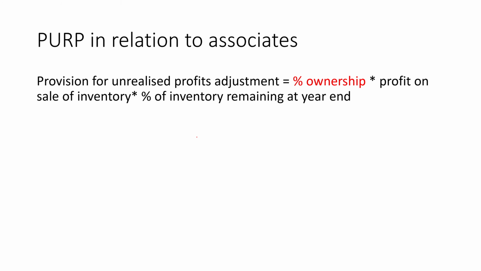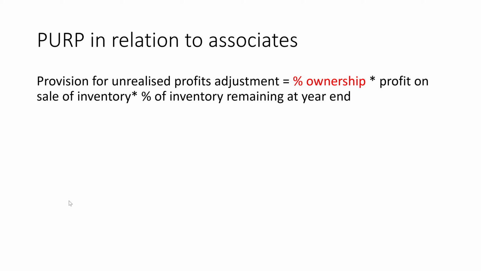Now let me just cover PURP in relation to associates. As I said before, the amount is the percentage ownership times by the profit on the sale of the inventory times by the percentage of inventory remaining at the year end. So it's the same formula, but we need to factor in the percentage ownership.